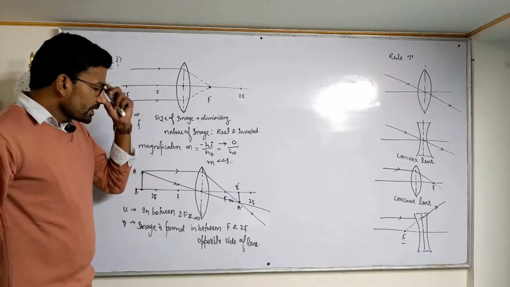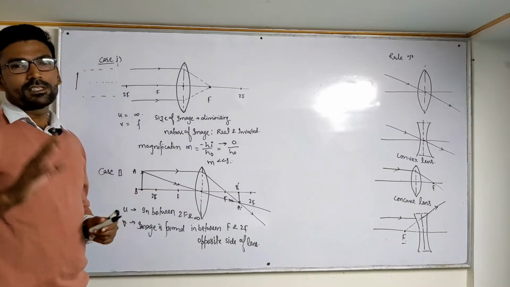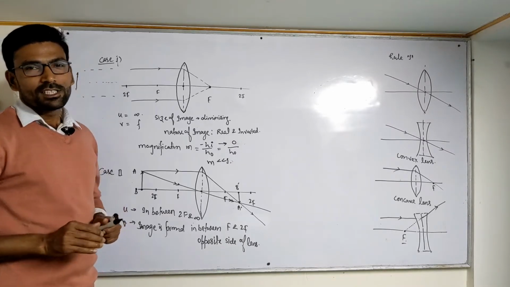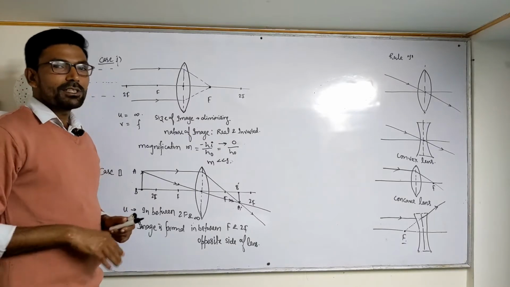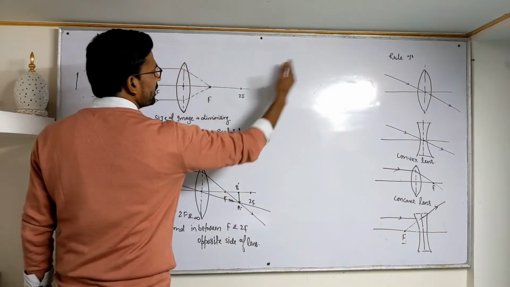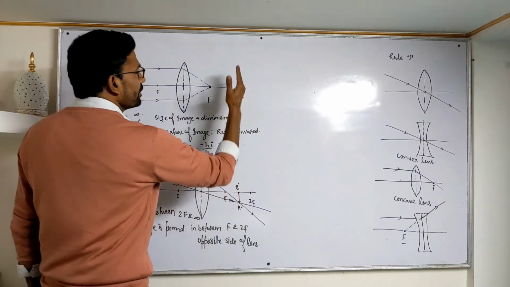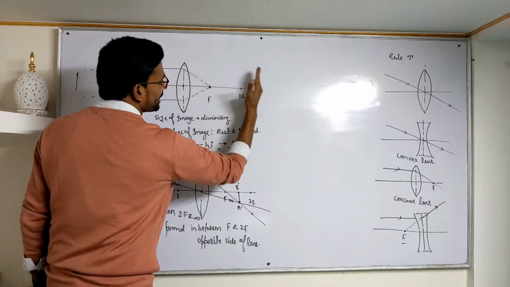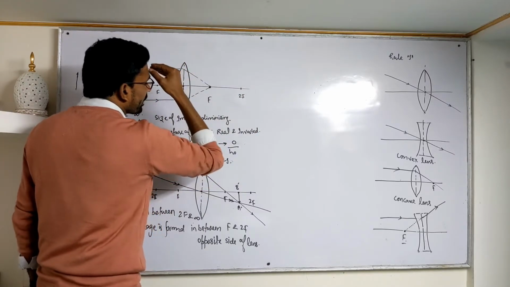The nature of image we can see, this is a real image, inverted. How is a real image formed? Just imagine the situation, which type of image is called a real image and which type of image formed by the lens is called a virtual image. Take a screen somewhere here, between the lens and infinity on the other side, and if we get an image on this screen, if we move, we can adjust the screen in between infinity and the second plane of the lens.